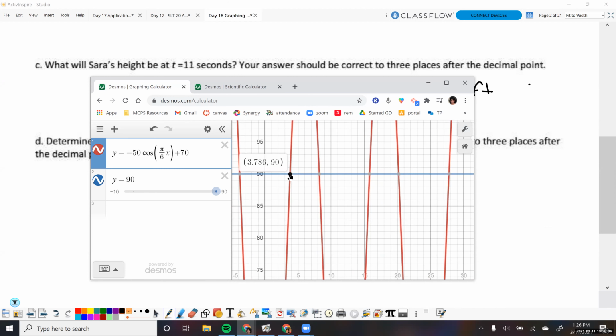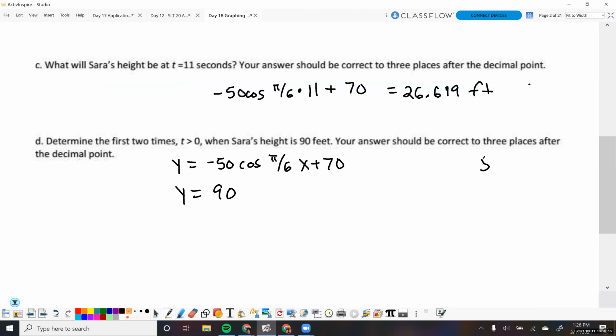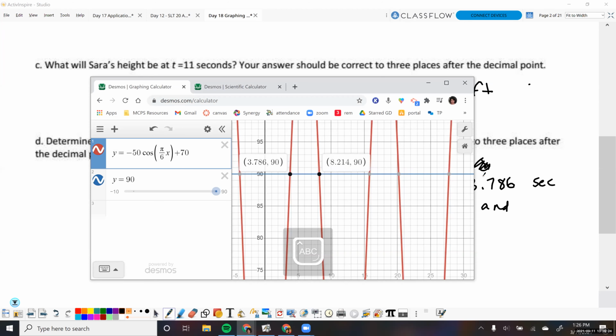If I just click, make sure you get the black ones there and there. So my answers are going to be 3.786 seconds and 8.214 seconds.